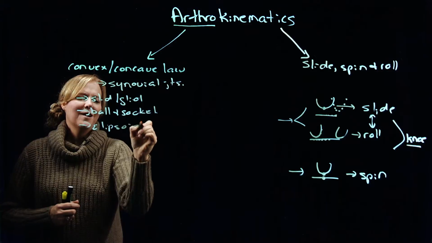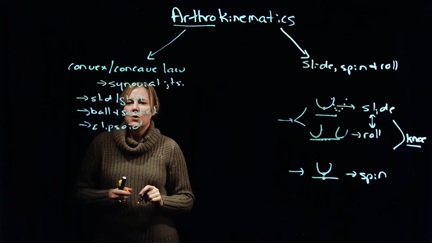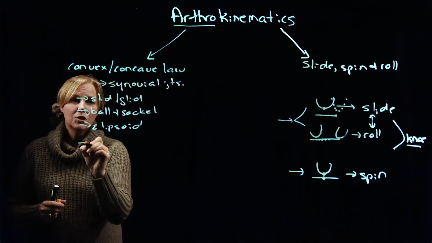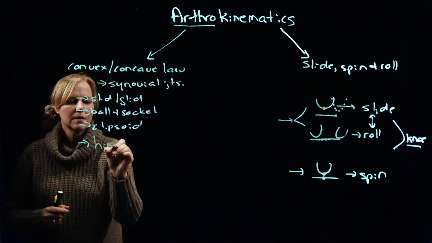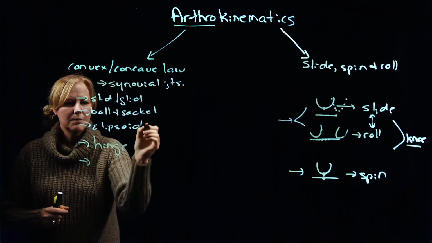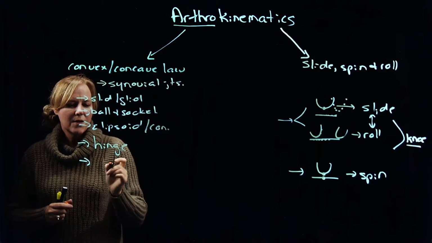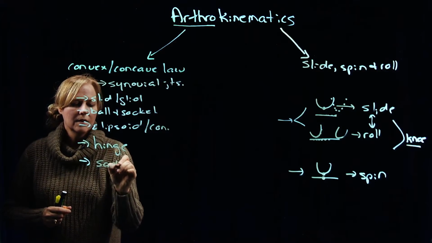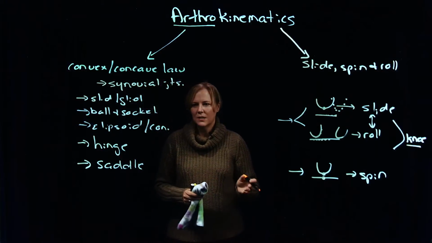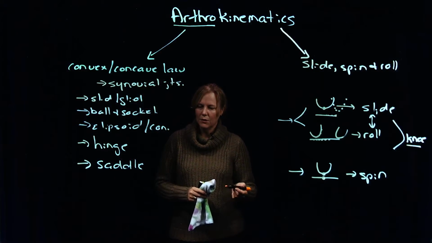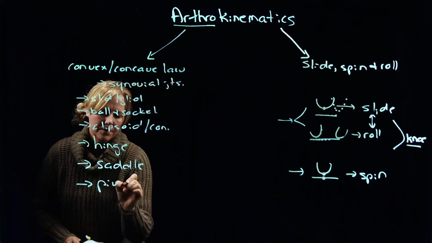I hope I spelled that right. I think there might be two L's. I don't know. Anyways, ellipsoid. You can have a plane joint, which is gliding and sliding. You can have a hinge, and you can have an ellipsoid, and this is condyloid. And you can have what's called a saddle. And I think those are all the classifications, at least the ones that are important for this particular movement. Oh, the last one is pivot. Sorry. I knew I was missing one.